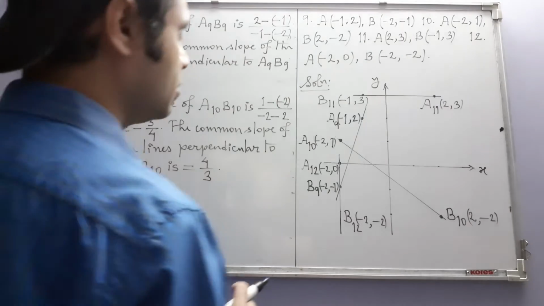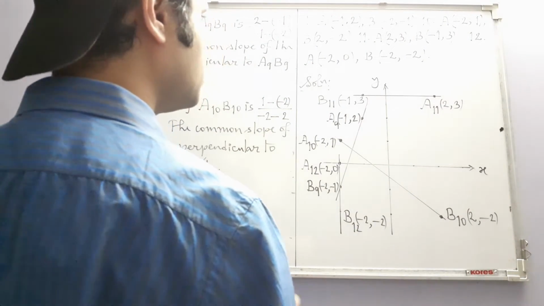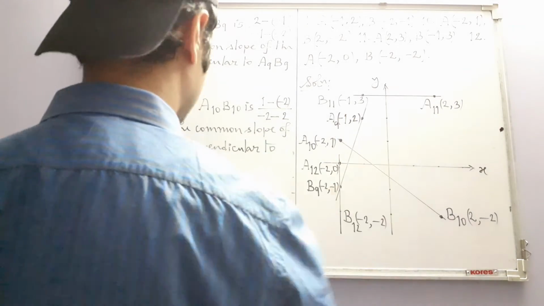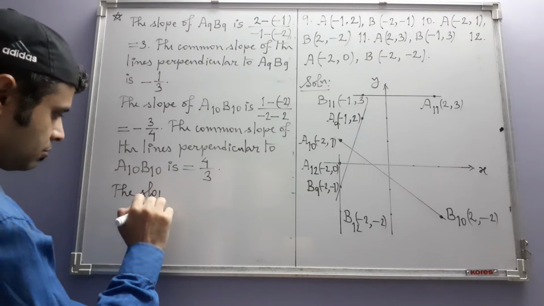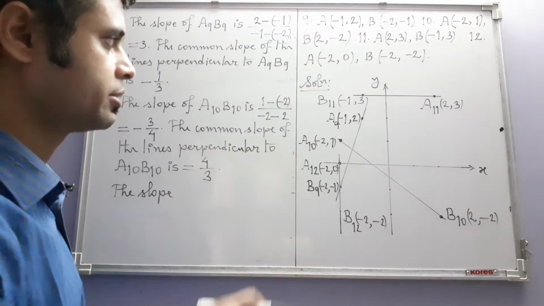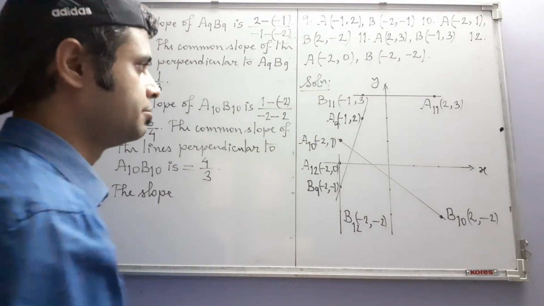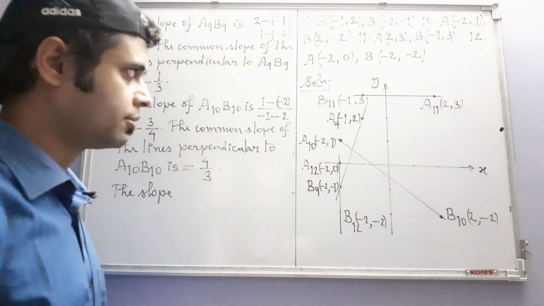Then what is the 11th one? This one. It will have zero slope, no slope at all, because it does not tilt. And in fact you can see that from the formula also.